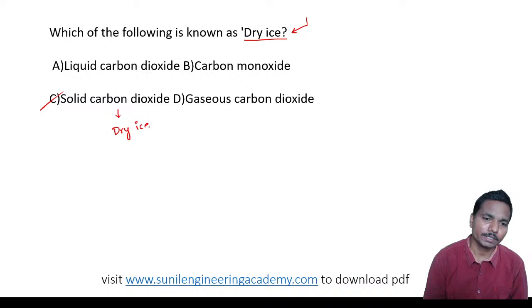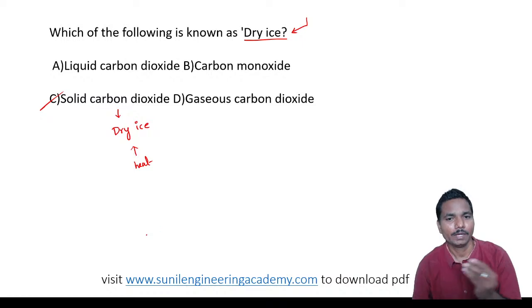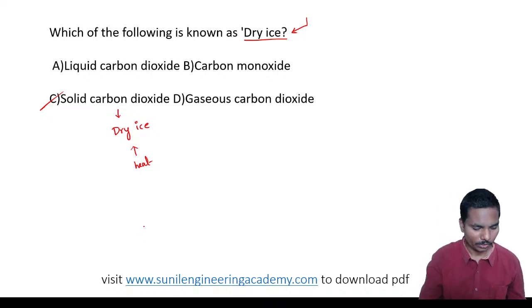Why does it get this name? Because if you heat this, it does not melt into liquid; directly it goes to the gas. That's why solid CO2 is considered as dry ice. Okay. Coming to the next question.